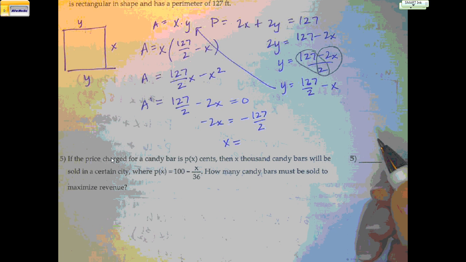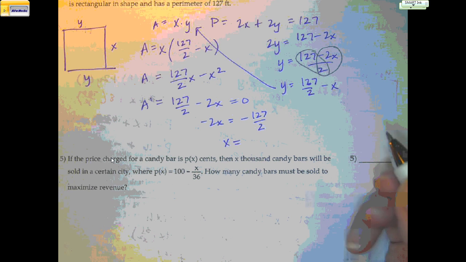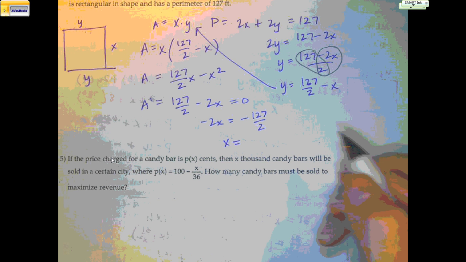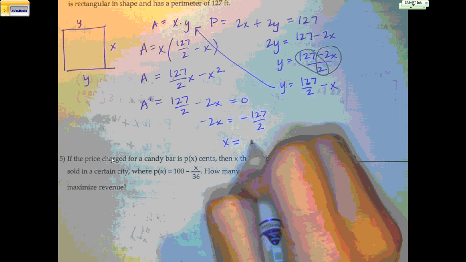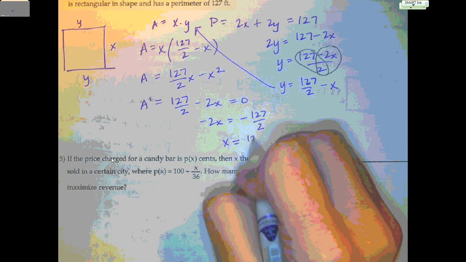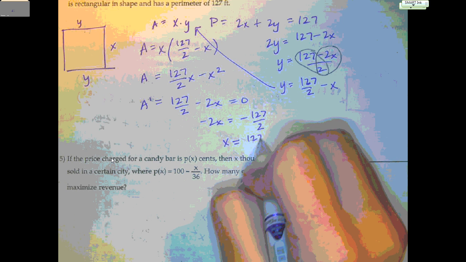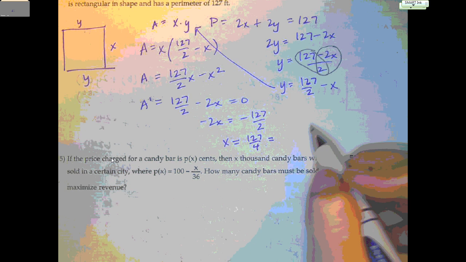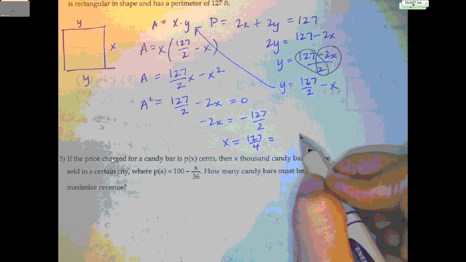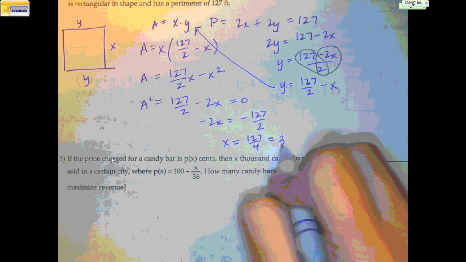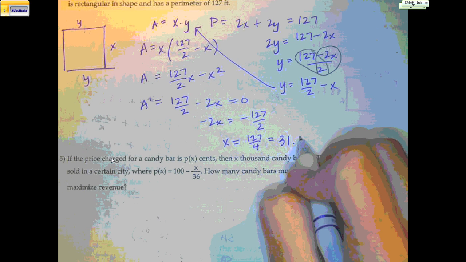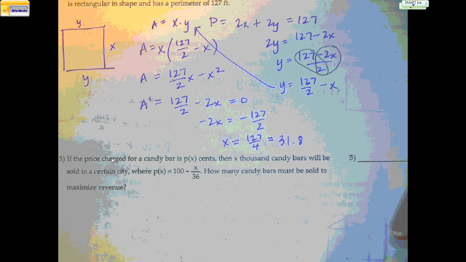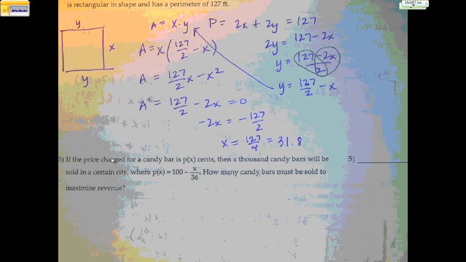You have a fraction divided by 2 over 1. So you're multiplying by 1 over 2, correct? So we wind up with 127 over 4, which is 31.75, so really 31.8. We can round to the nearest tenth. And that's our x value.